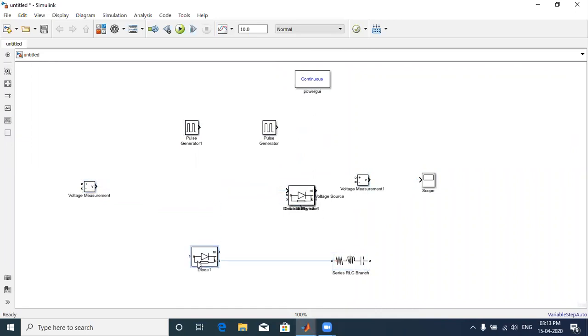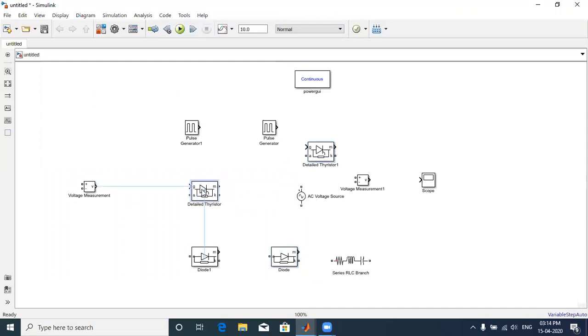This is diode 1, diode 2, thyristor 1, thyristor 2. So rotate them.